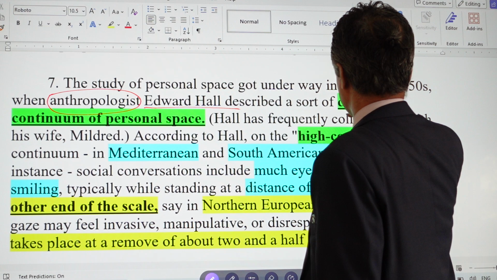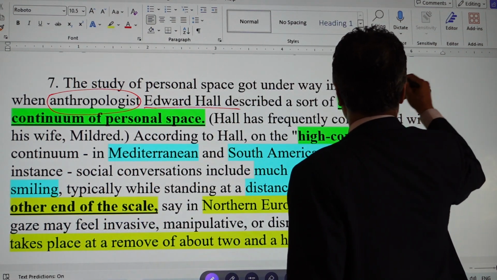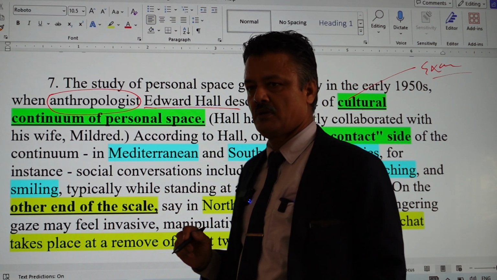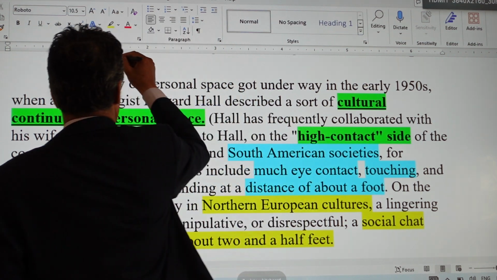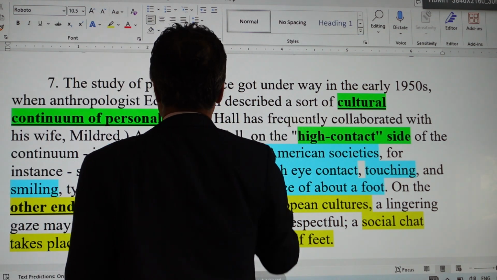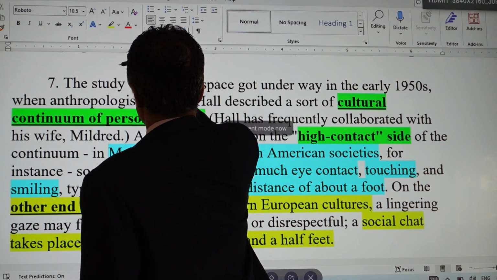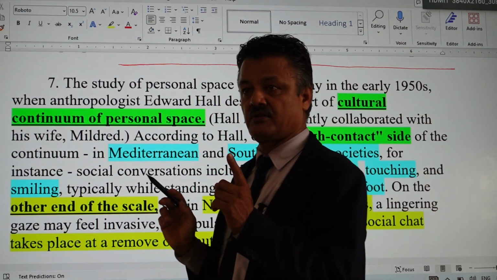Now, here is a term, cultural continuum of personal space. Copy down in the note copy. You will have questions in the exam on this concept. Now, look, here draw a line. A continuum is a line that continues, right?